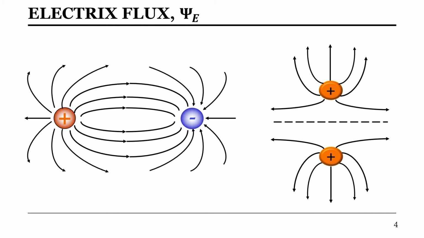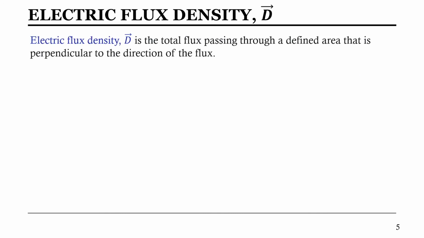Another important piece of information that you need to know is that the electric field at any point is tangential to the line of the electric flux. Electric flux density is the total flux passing through a defined area that is perpendicular to the direction of the flux.